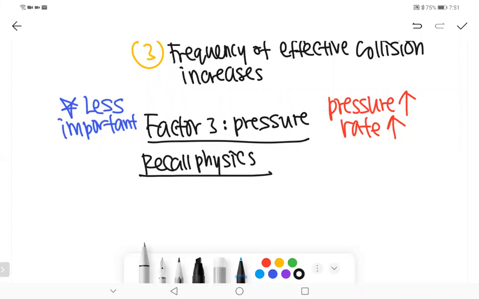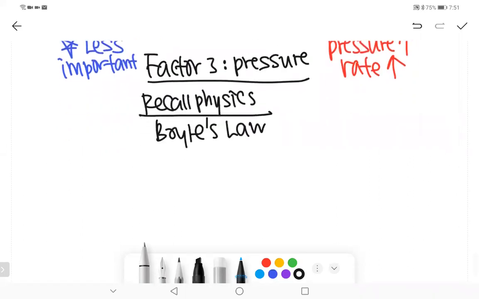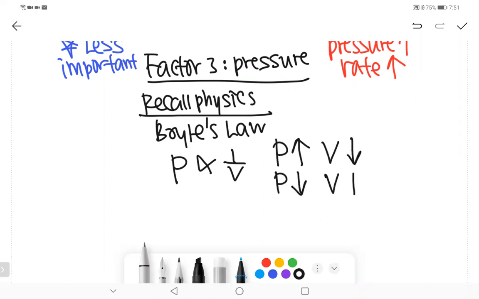You will learn a concept called Boyle's law. Boyle's law tells us that pressure is inversely proportional to volume, which means when the pressure increases, volume will decrease. When the pressure decreases, volume will increase. This is called inversely proportional.